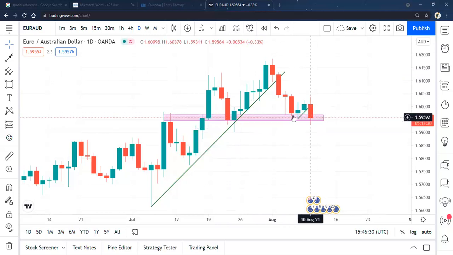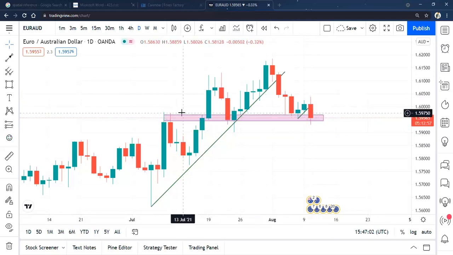It reached here again and bounced upwards, but notice that the candles were not that powerful for the bulls. The momentum was low, not until we have today's current candle, which is this one. It looks strong. We have a very strong bearish momentum for today.